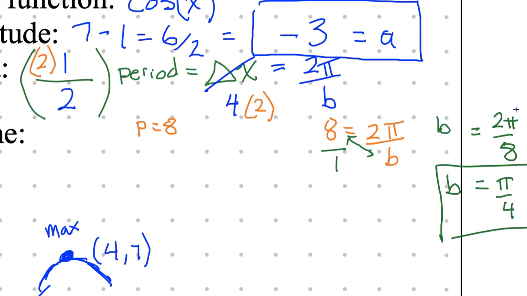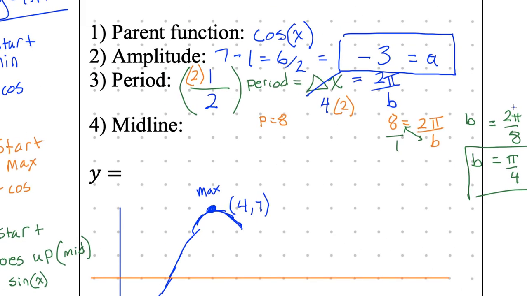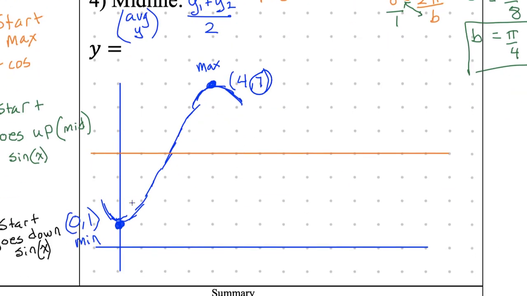And then finally, the easiest thing to do is to find the midline. The midline, I take the y-coordinate of one, add it to the y-coordinate of the other one, and divide by 2. You really want to be thinking of the midline as the average y-coordinate. What is the average y-coordinate between this coordinate and this coordinate?